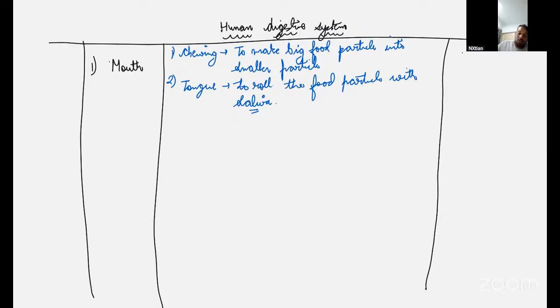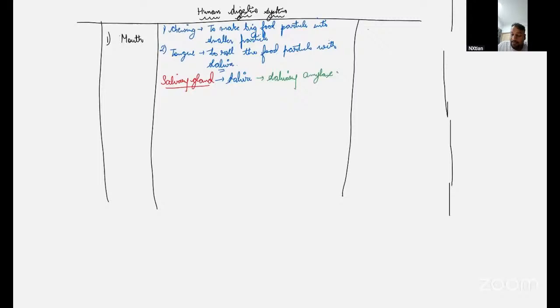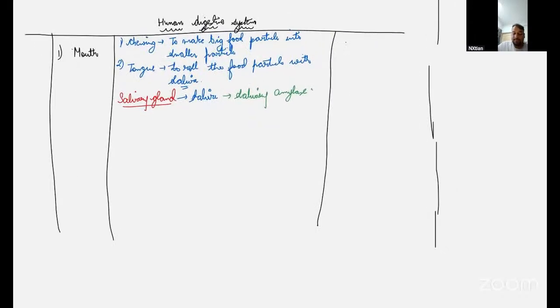Now listen, guys. The salivary gland releases saliva, and that saliva has salivary amylase. Now, what is the role of salivary amylase?